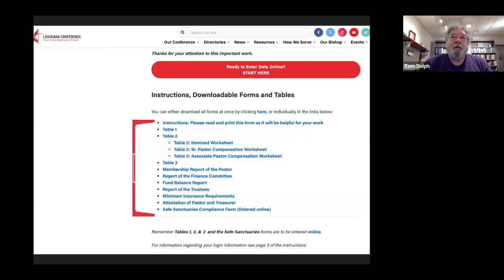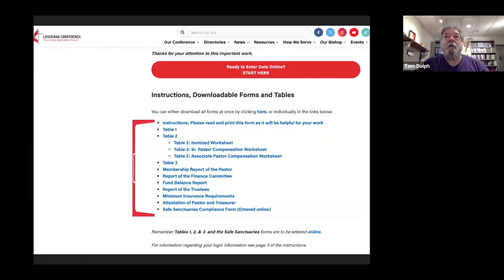If you download them, be sure that you save them to your computer. They are fillable, but if you don't save on your own computer, you lose everything that you put in. Nothing entered there will be uploaded to the internet. This is strictly for your benefit to gather the material to be able to enter the information online.